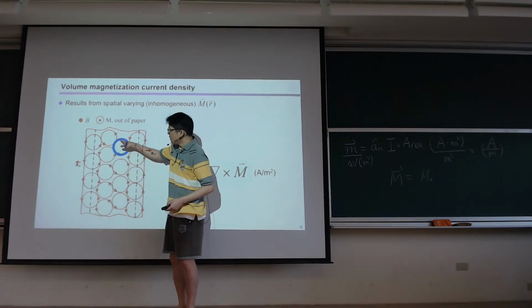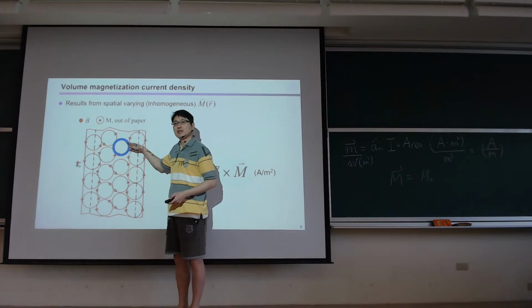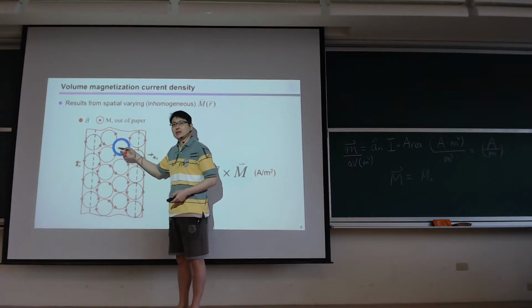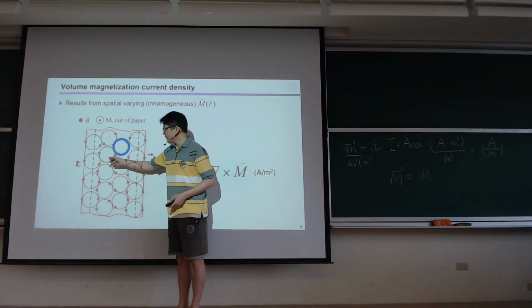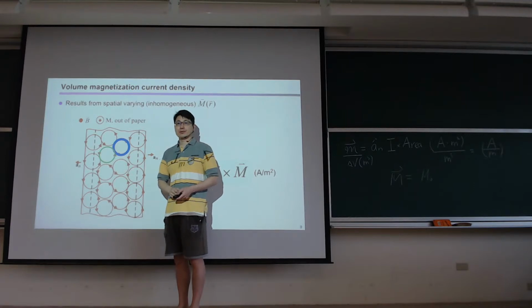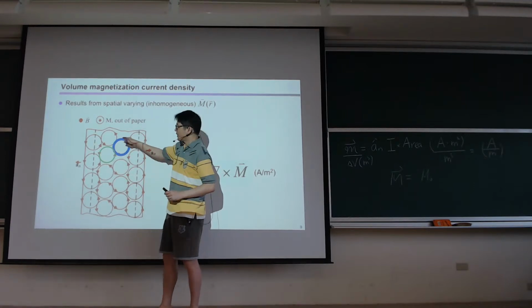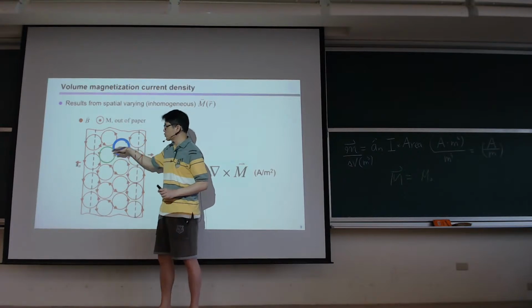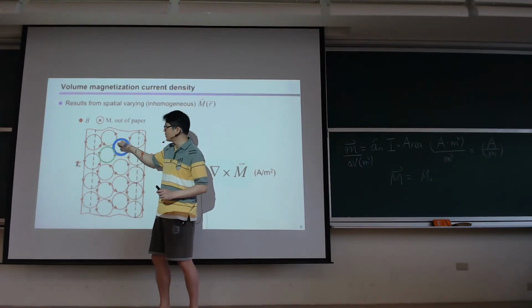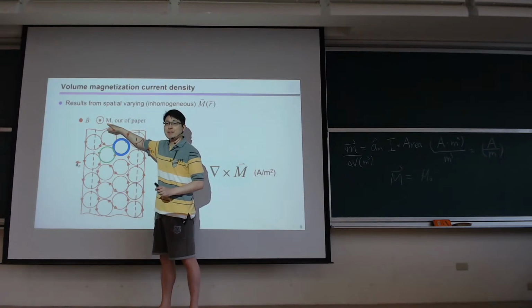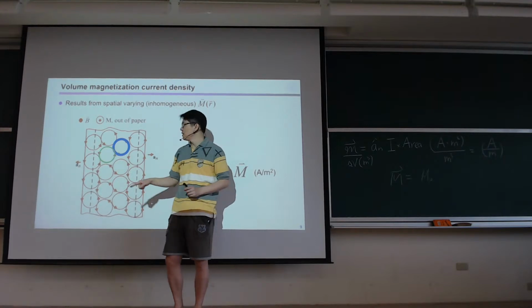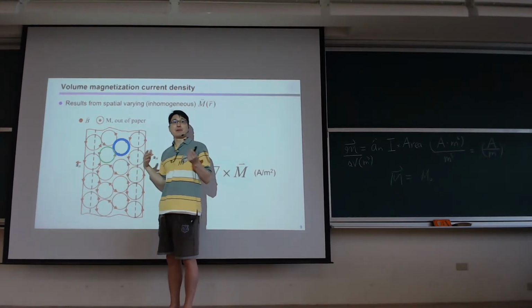Inhomogeneous means, maybe for this loop, the magnetic dipole moment induced here is stronger as compared to this location, right? So even though the current directions are all the same, counterclockwise, to conform that your induced magnetic dipole moment is aligned to your externally applied field, the magnitude can be different.